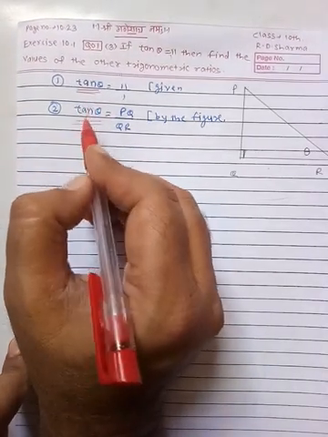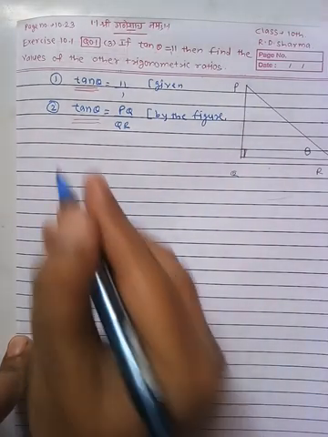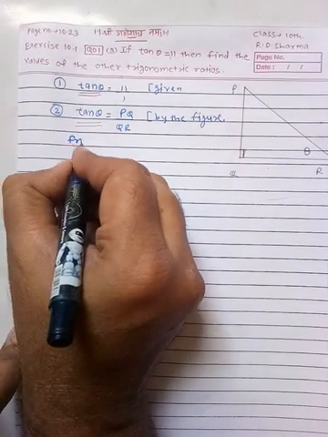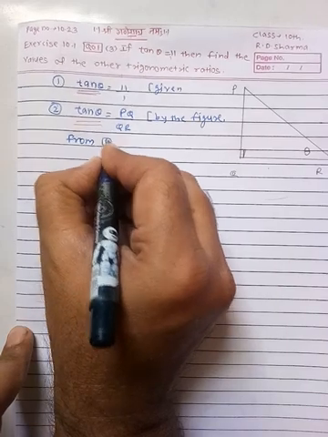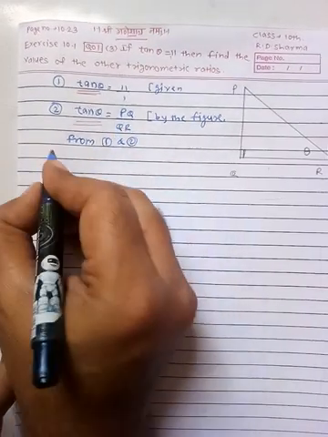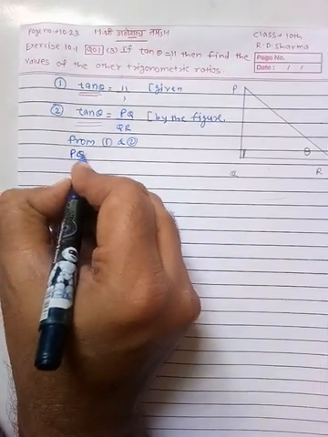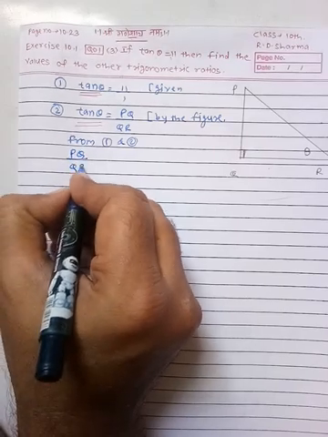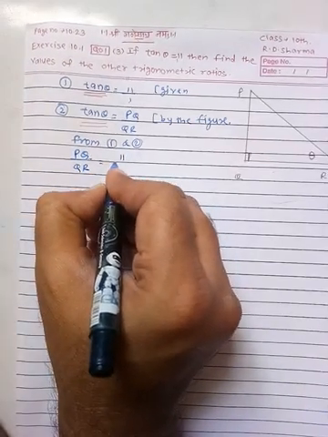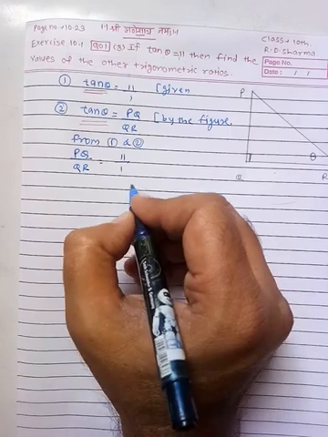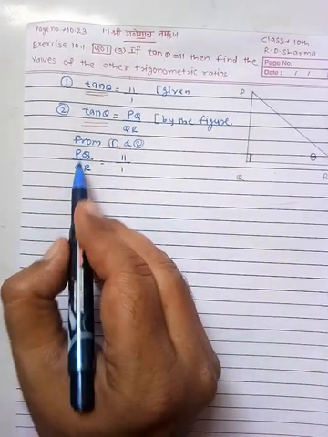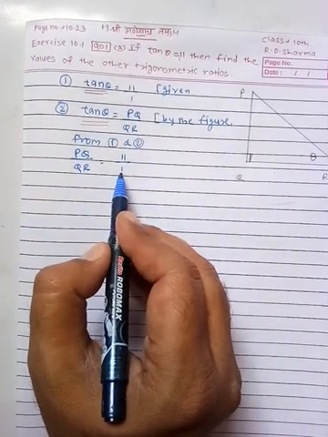The left side of 1 and 2 is equal, so the right side is also equal. From 1 and 2, PQ by QR is equal to 11 upon 1. Means the ratio of PQ to QR is 11 to 1.